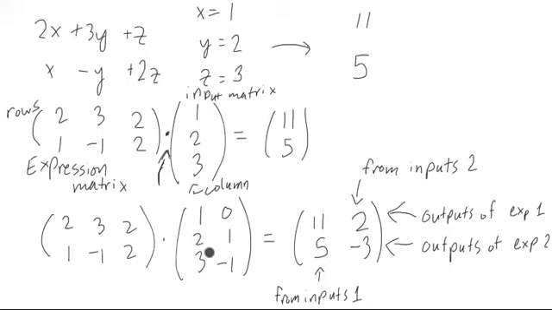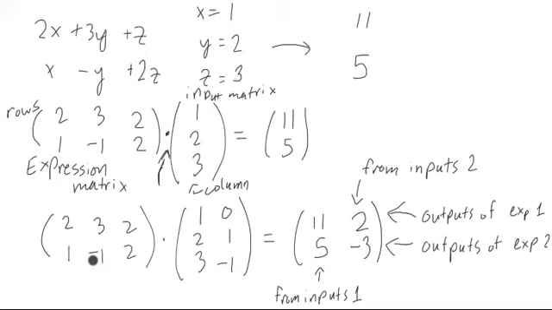So the first set of inputs, x is 1, y is 2, and z is 3, is what we were doing to get the outputs in this first column. This column over here comes from the second set of inputs, putting those into the expressions. So the output matrix has a very specific form. The rows come from the rows of the expression matrix, and the columns come from the columns, or the sets of inputs, from the input matrix.